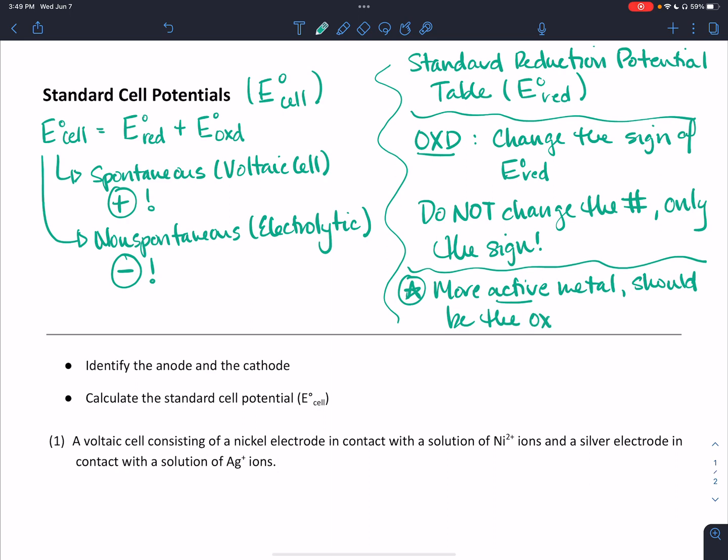Should be the oxidation. The more active metal wants to give up electrons, which means it's being oxidized, so this is going to be our oxidation half reaction. Instead of having to go through the different ways to put the cell together, it gives you a starting point. It's just a good rule of habit.